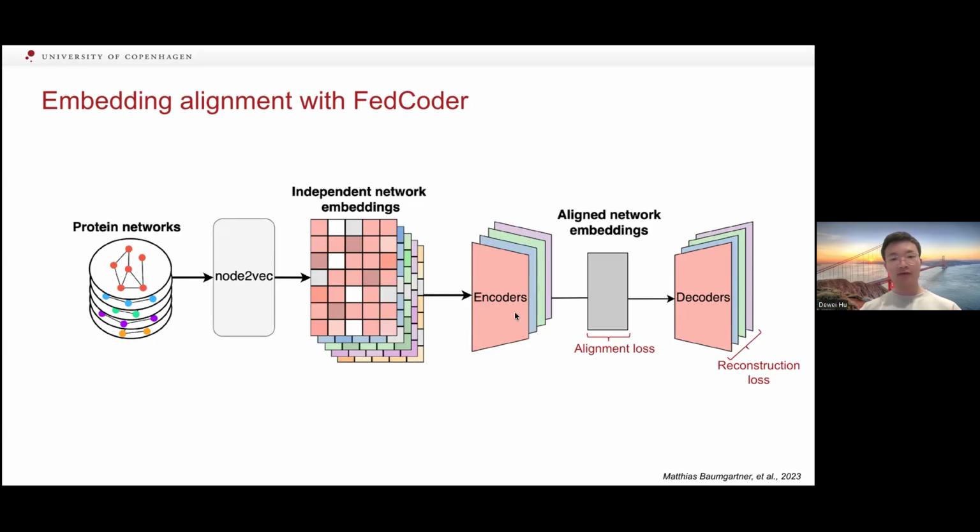So we have autoencoders for each species. As you know, the encoder would project the original input into a latent space, and the decoder would reconstruct the input from the latent space. At the same time, we try to reduce the distance of those orthologs that I talked about before, and to make them as similar as possible.